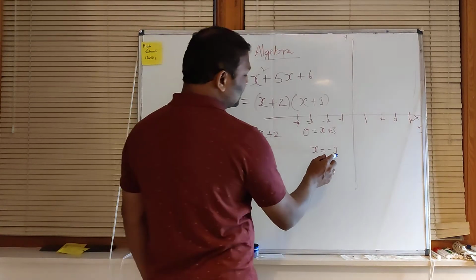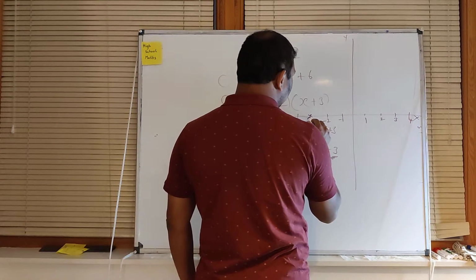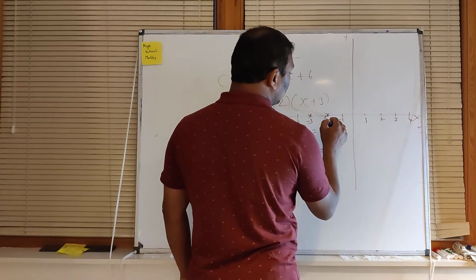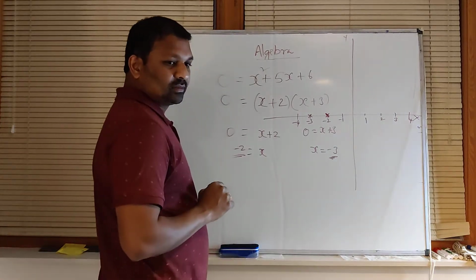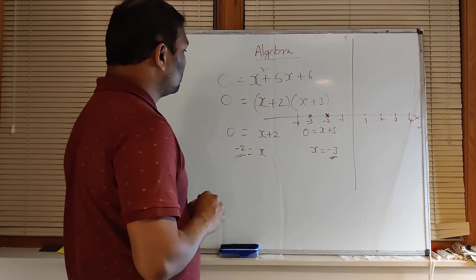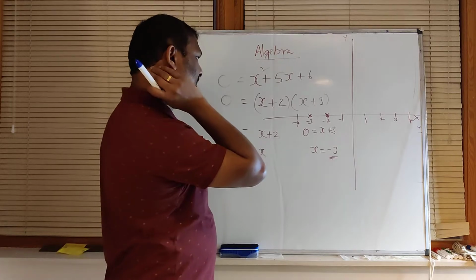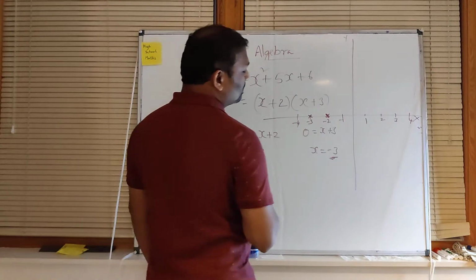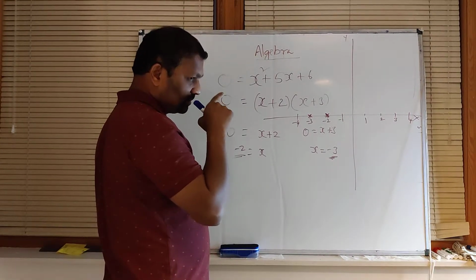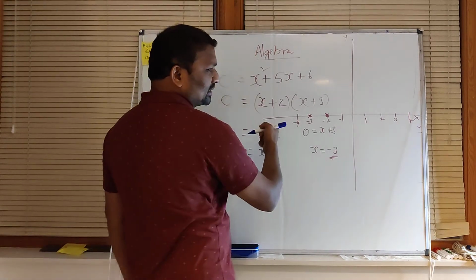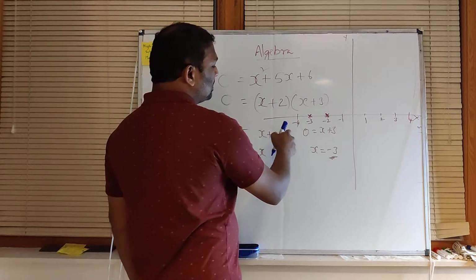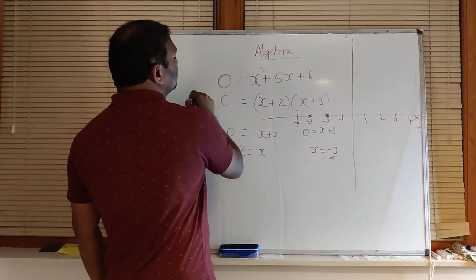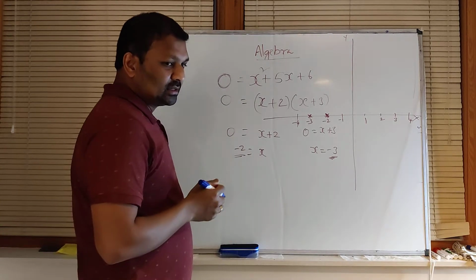So I got x as minus 3 here and x as minus 2 here. I got 2 values of x, and if I put those 2 points here, minus 3 and minus 2, they are on the x-axis. How did I get the values of x? By equating this equation to 0, or y is 0.